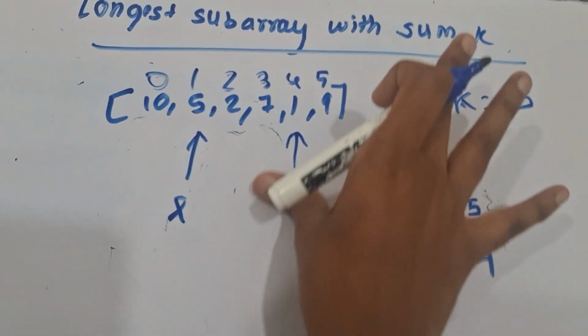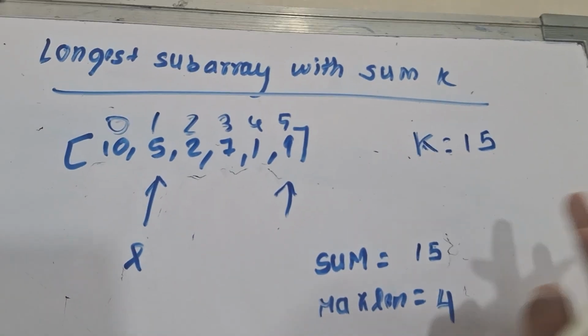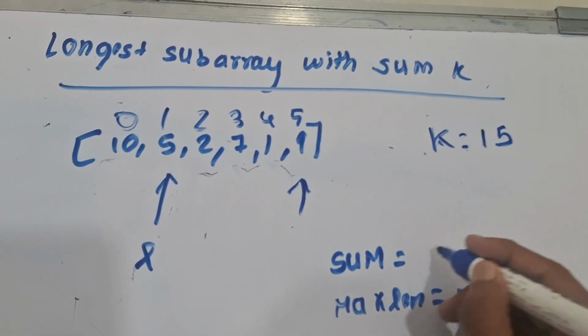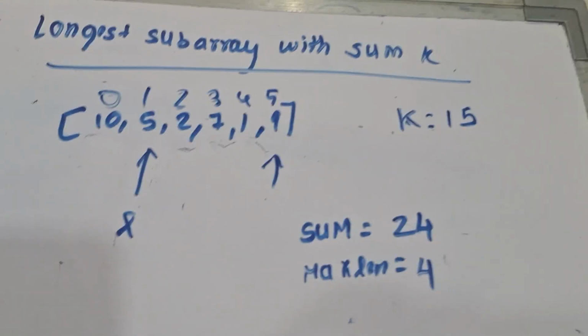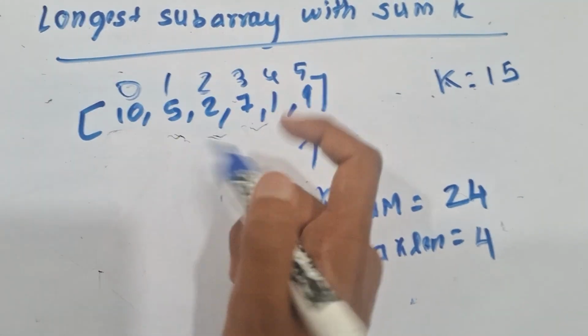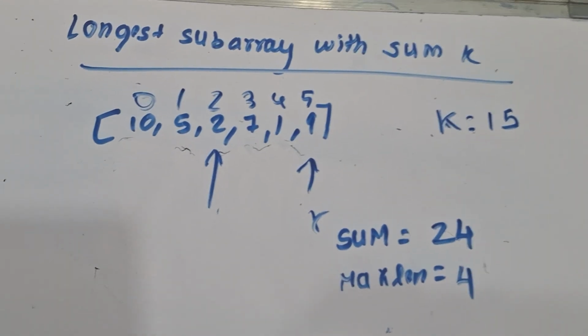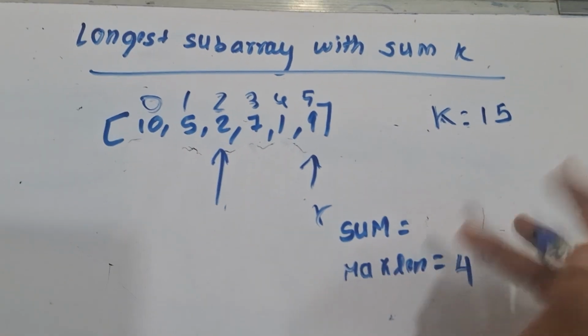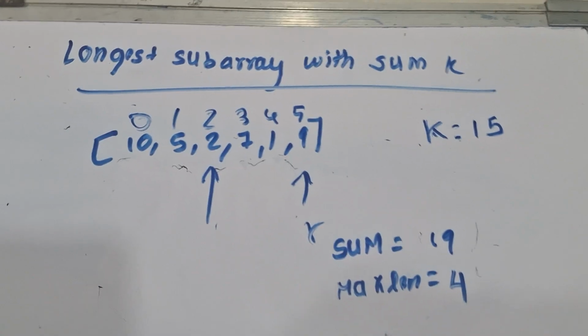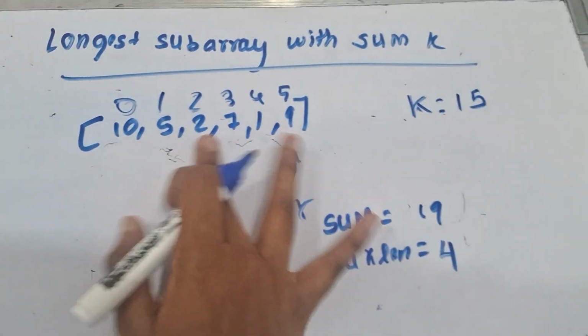Now we increase our right. So our sum becomes 15 plus 9, 24. So as our sum is 24, we shrink our sliding window's left pointer. So again our sum becomes 19. We again shrink our sliding window.